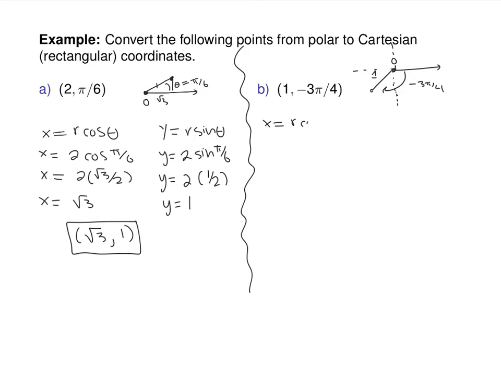x is r cosine of theta, so x is 1 times cosine of negative 3π/4. Well, cosine of negative 3π/4 is negative root 2 over 2.